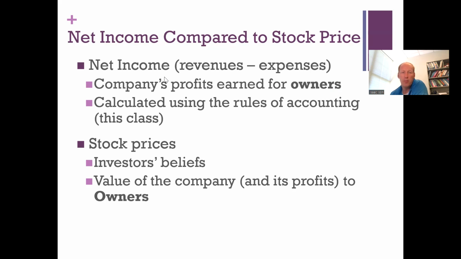Now, financial information, that is the net income. In owner's equity, I told you there were two ways to increase owner's equity and two ways to decrease owner's equity. Well, one way to increase it is revenues. Might as well clarify this right now. In that accounting equation, we showed assets. Those are the resources of the company, like cash, like money.